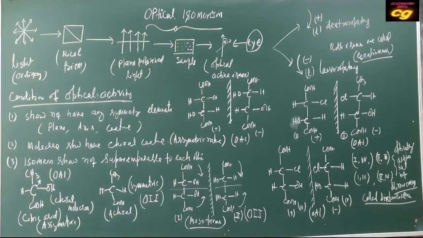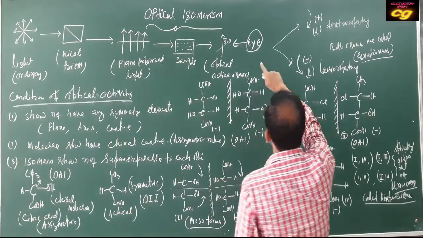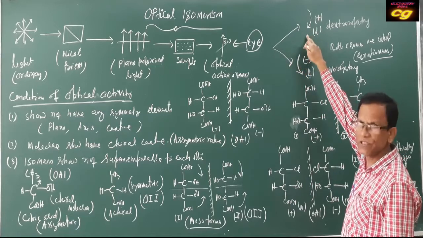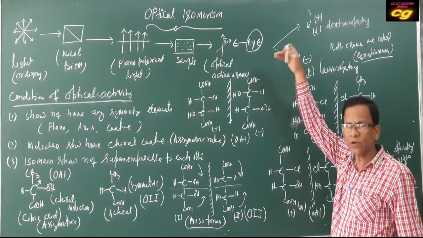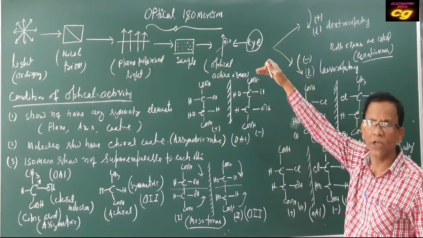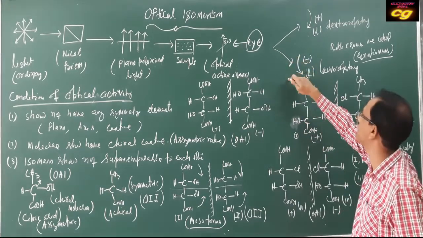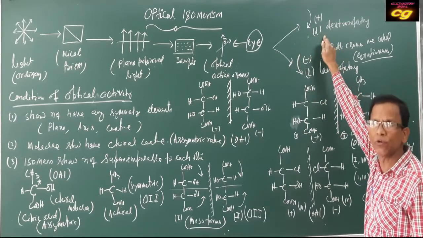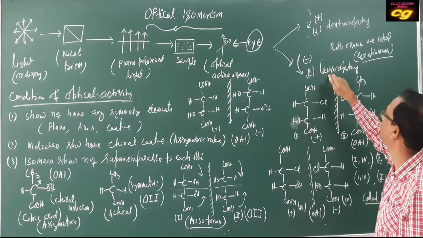So two types of optically active isomers result due to the rotation. By watching this rotation, we can identify whether it is rotating clockwise or anti-clockwise. If it is rotating clockwise, that is called dextrorotatory. If rotating anti-clockwise, that is called levorotatory.